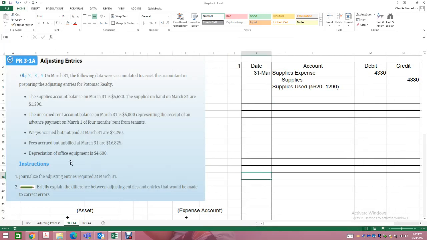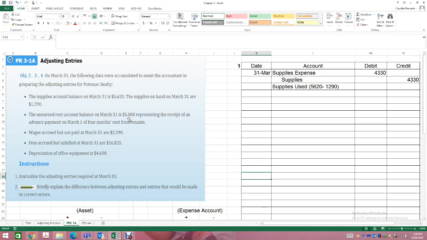The second adjustment that we have says the unearned rent account balance on March the 31st is $5,000, representing the receipt of an advance payment on March the 1st for 4 months rent from the tenants. So they paid you $5,000 for 4 months worth of rent, and they're paying you in advance.